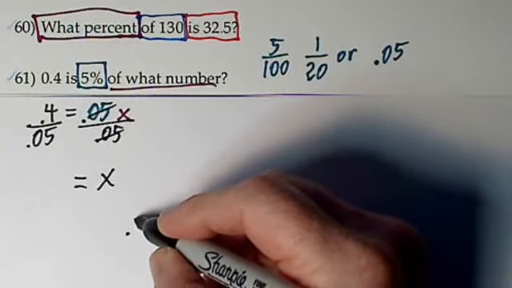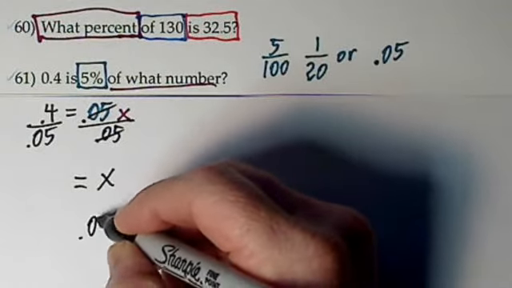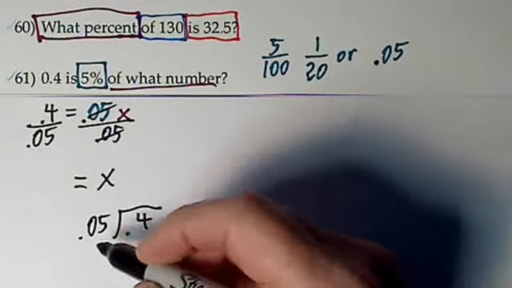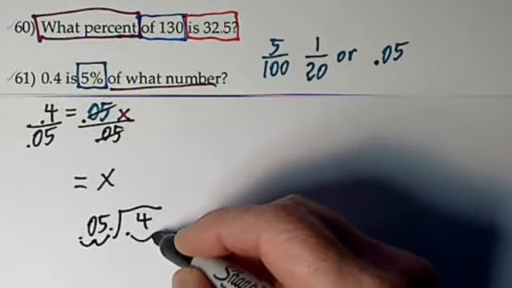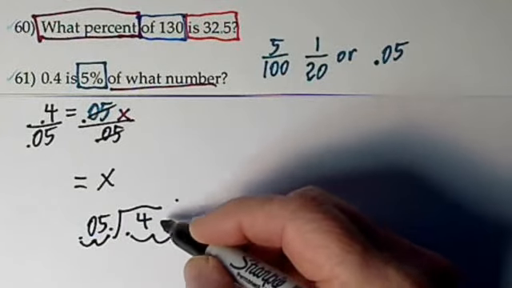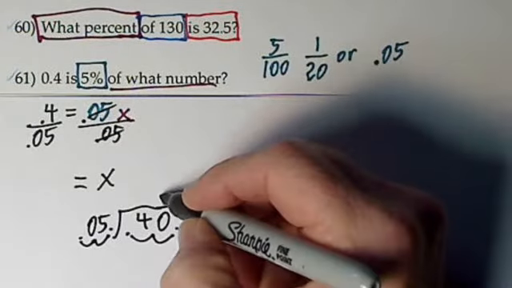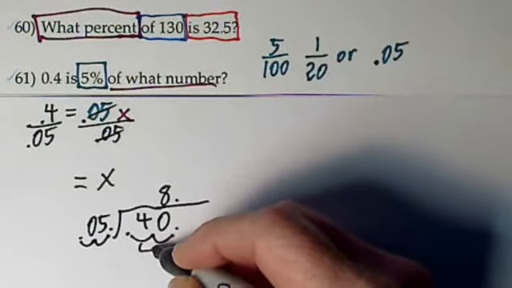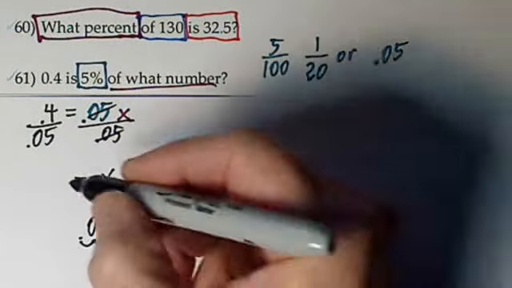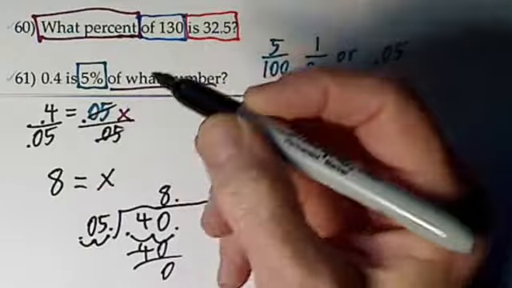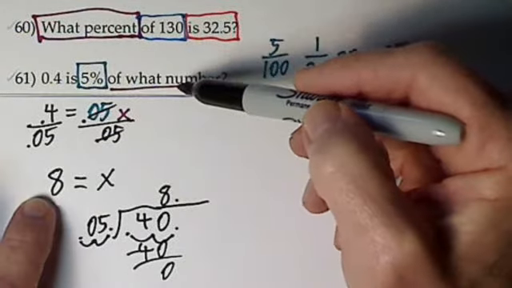So we have 4/10 divided by 5/100, and you need to move your decimal twice to keep things balanced. You have to move this one twice. Put in your 0. And 5 goes into 40 8 times with nothing left over. So 4/10 is 5% of 8.